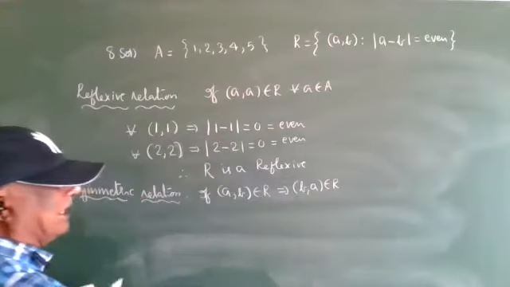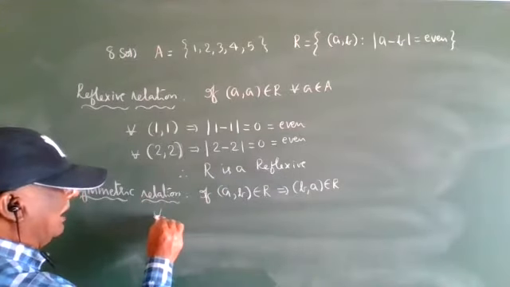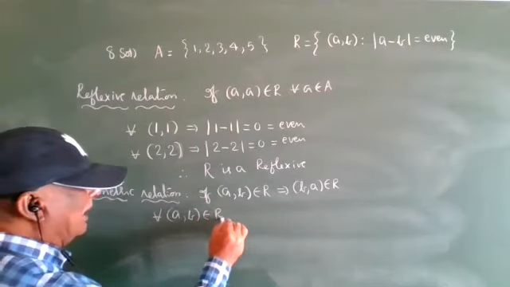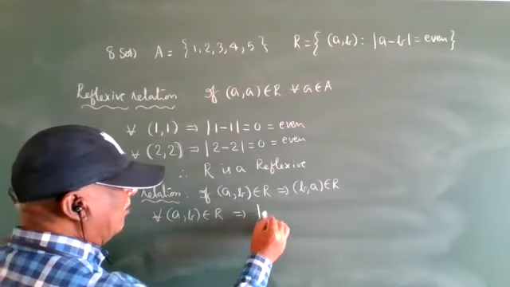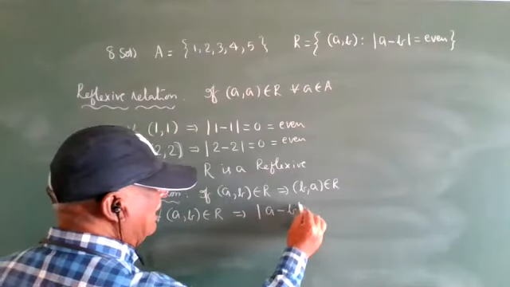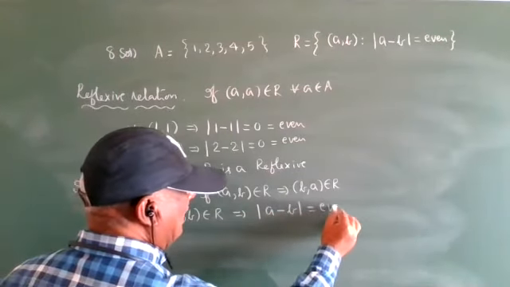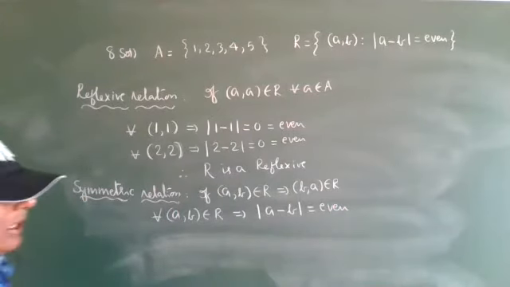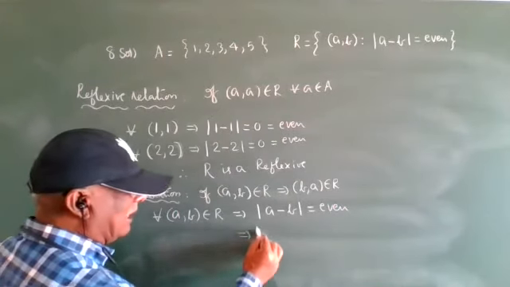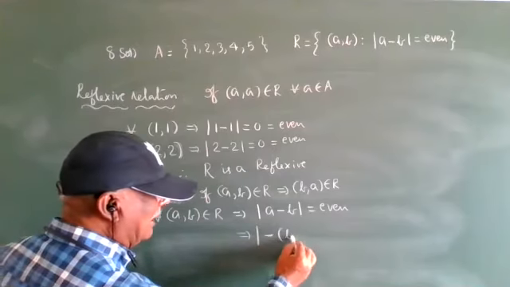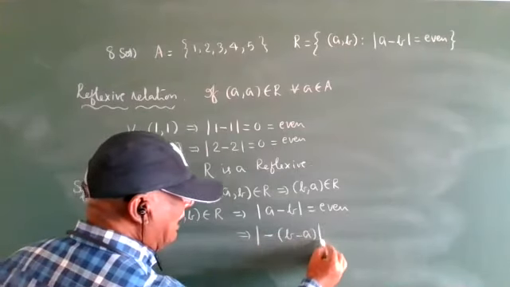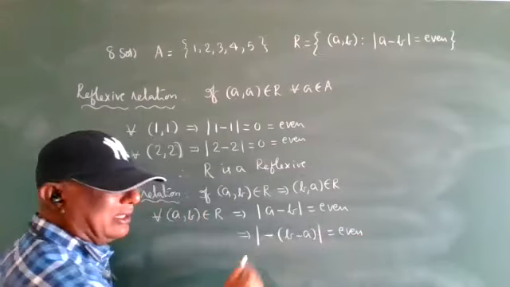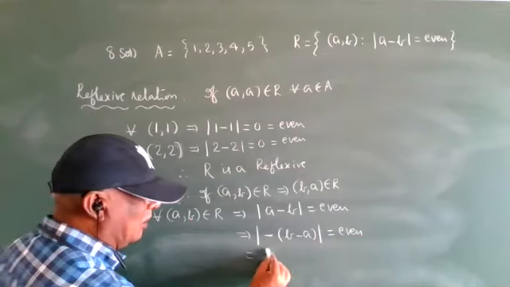We can't write all the numbers, so we write in the definition: for all (a, b) belonging to R, by the definition modulus of a minus b is an even number. Here take minus common: modulus of b minus a is an even number, since modulus makes the minus a positive.